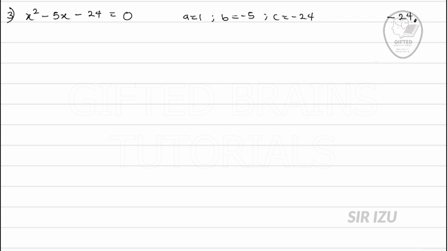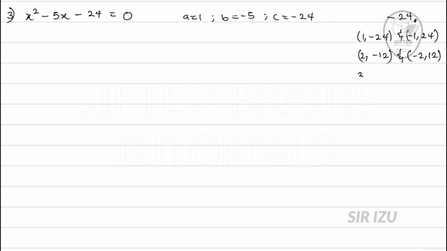So we look for factors of minus 24 now. The first is 1 and minus 24. The next is minus 1 and 24. And then we move on and on. The next one is 2 and minus 12. And then we have minus 2 and 12.